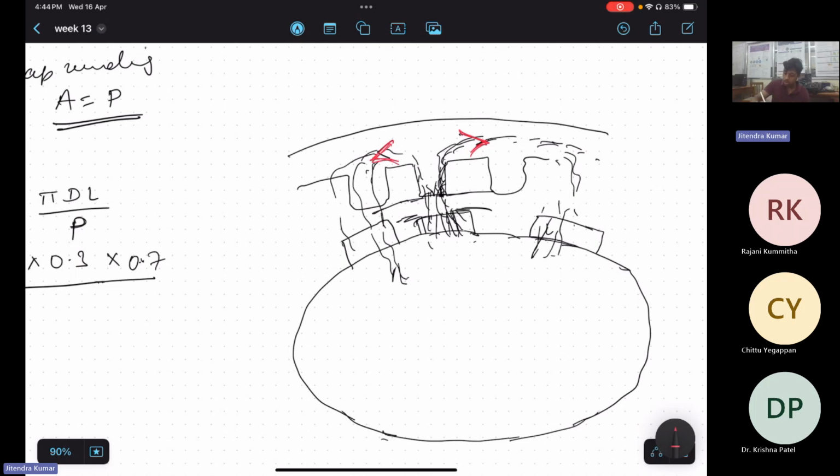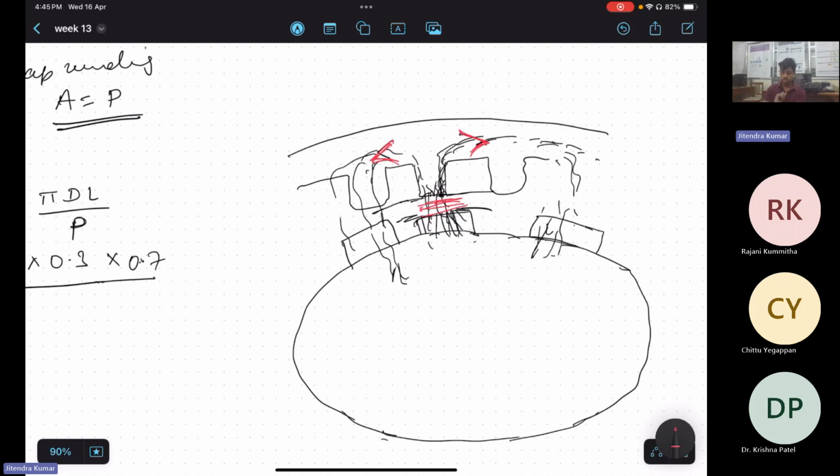So this air gap flux corresponds to the entire pole, right? Though half is going in one direction and half in the other direction, this air gap flux corresponds to the entire pole. Is that what you were asking, Chitu? Yes, sir. So is it clear now?